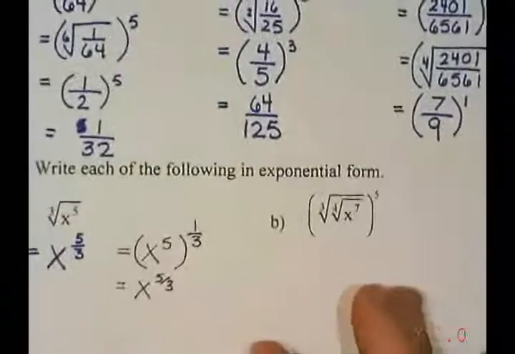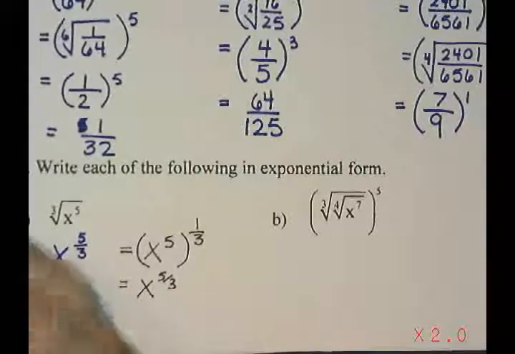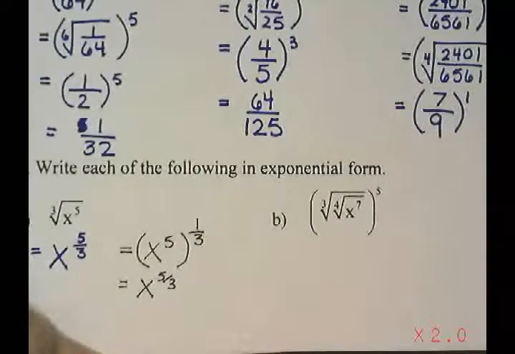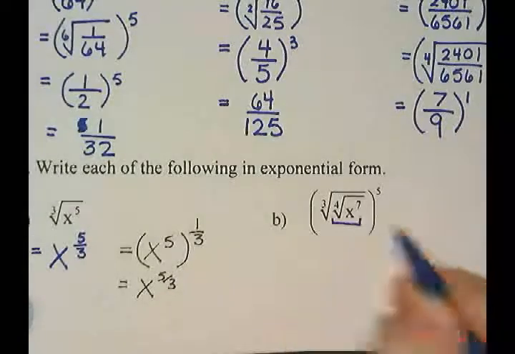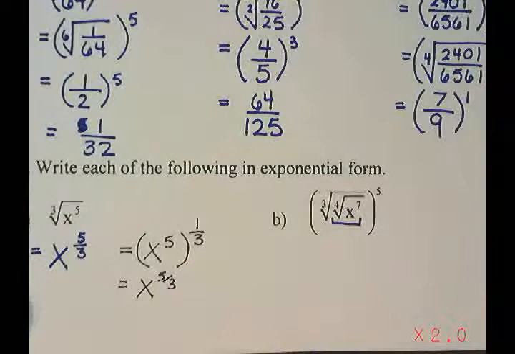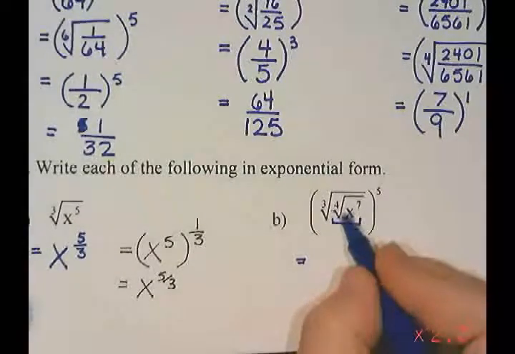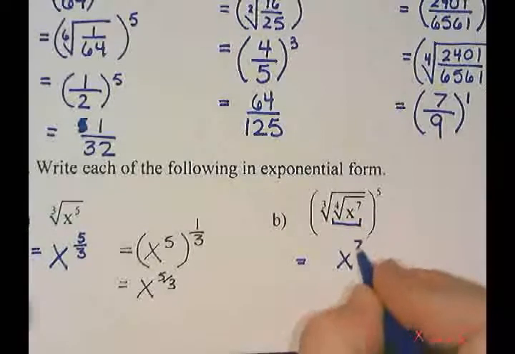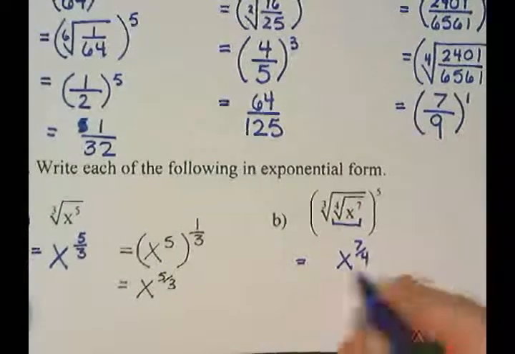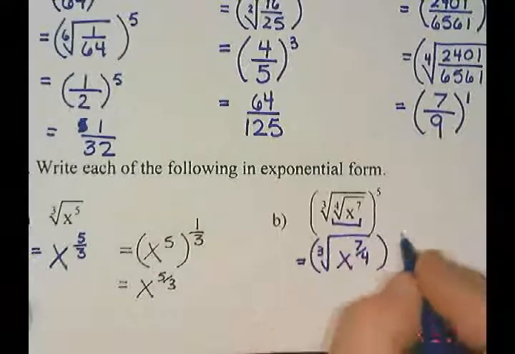So this last question here, we've got the cube root of the fourth root of x to the 7, all to the power of 5. And I'm going to start on the inside and see if I can work my way outside. The fourth root of x to the 7 would be x to the power of 7 over 4. And that's still in a cube root, and that's still to the power of 5.